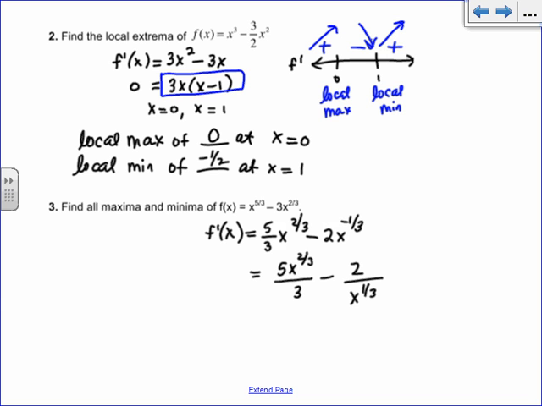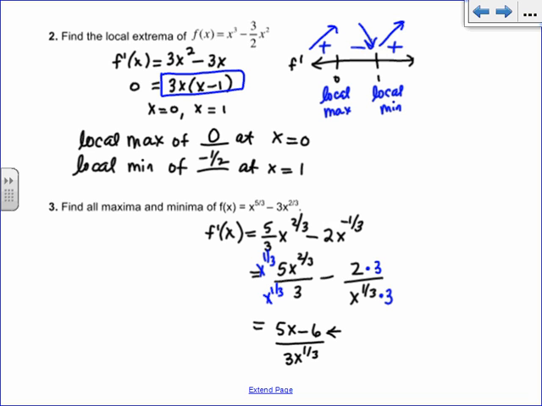And I want to combine those into 1, because when I'm finding critical values, I want to find when the numerator equals 0 and the denominator equals 0. We need to combine them into 1, so I'm going to multiply by x to the 1/3 over x to the 1/3, and I'm going to multiply by 3 over 3. So x to the 1/3 times 5x to the 2/3 becomes just 5x, and then minus 6, all over 3x to the 1/3.